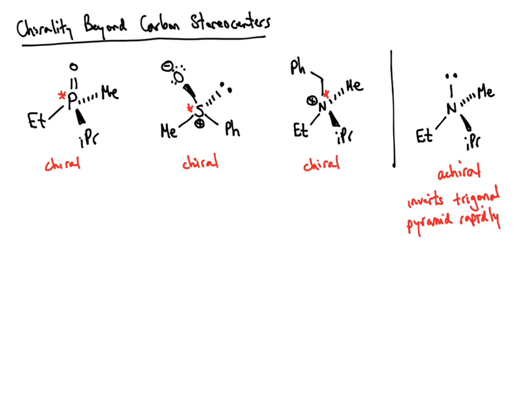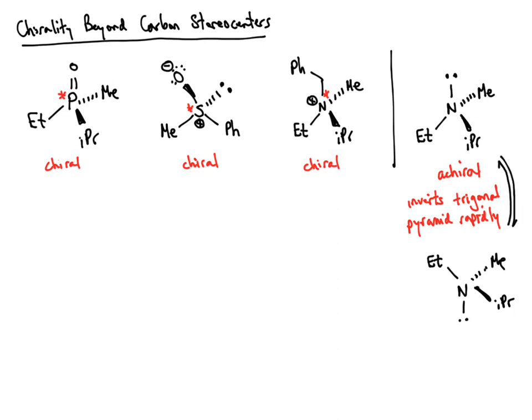I've got the lone pair and the ethyl group sitting in the plane of the page, the methyl group pointing back, and the isopropyl group pointing forward. But at room temperature, this particular configuration actually inverts so that the lone pairs actually go down. So you'll have a nitrogen, lone pairs on the bottom, ethyl group here, methyl group here, isopropyl group here. And so those two things are going to be in equilibrium with one another.